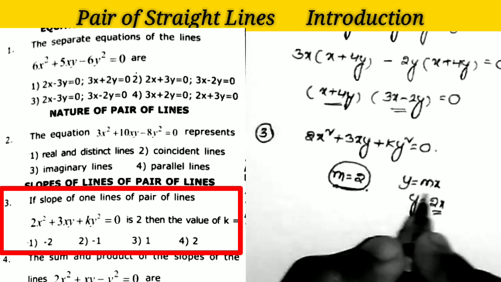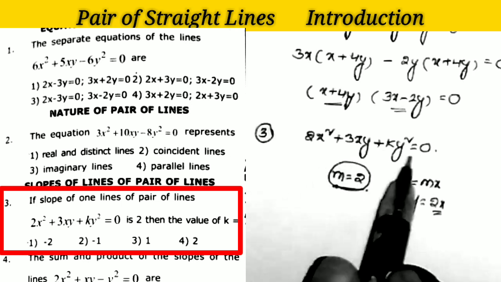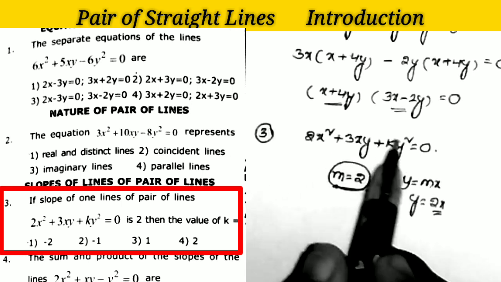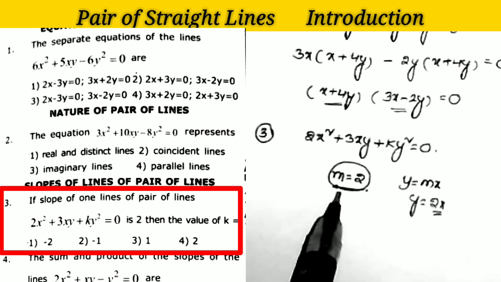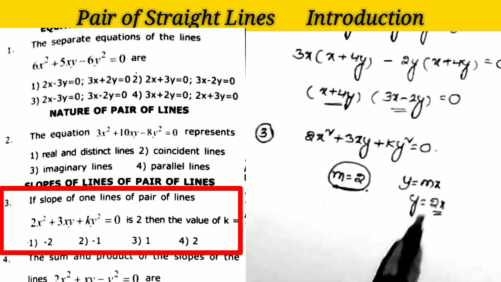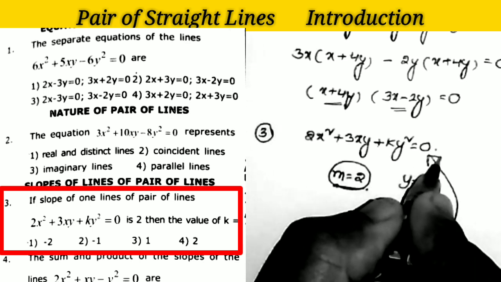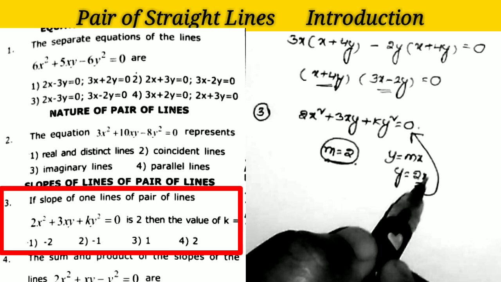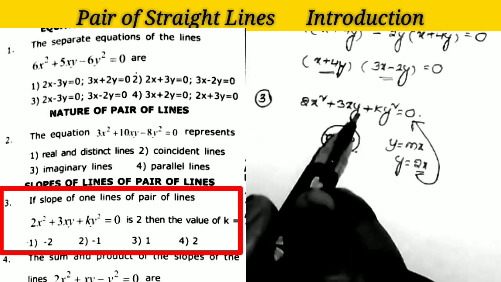The form of the equation of a line is y is equal to mx. Since this is a pair of straight lines passing through the origin, one of the lines represented by this equation is y is equal to mx. But given that m is equal to 2, that is y is equal to 2x. Now y is equal to 2x is one of the lines represented by this equation, so replacing y is equal to mx in the given pair of straight lines to get the value of k.